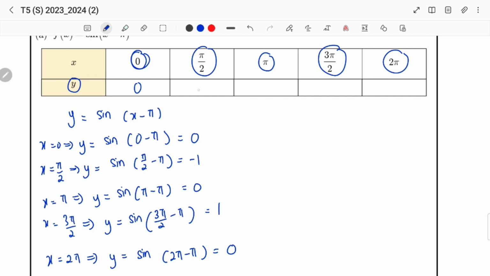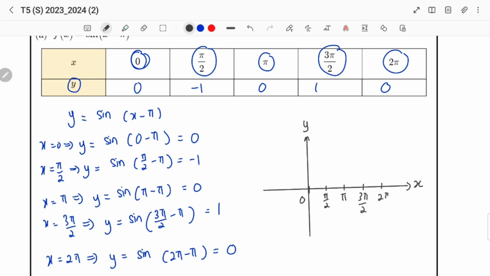So I write down all the values of y that we already get and start to sketch the graph. So draw the y-axis, the x-axis, and put down the values of x, which are 0, π/2, π, 3π/2, and the last one is 2π. When x equals 0, our y is equal to 0, so it's going to be here, (0, 0).